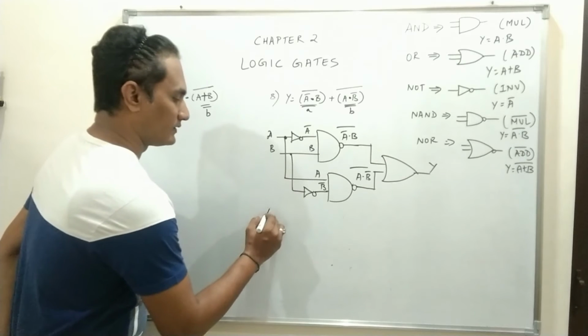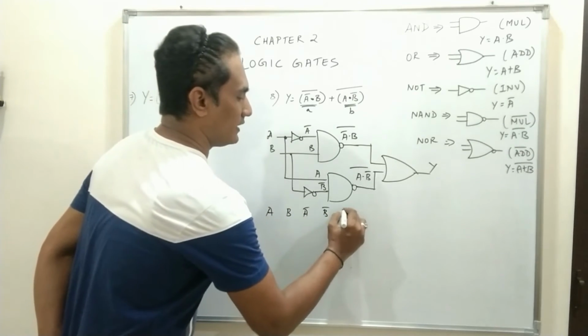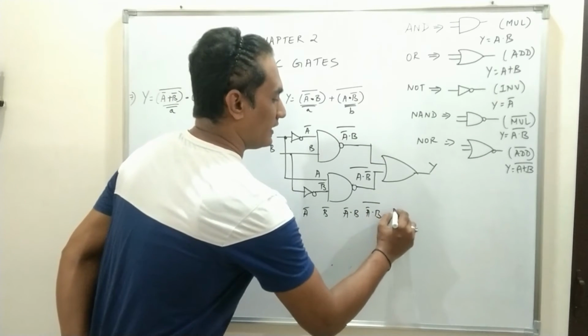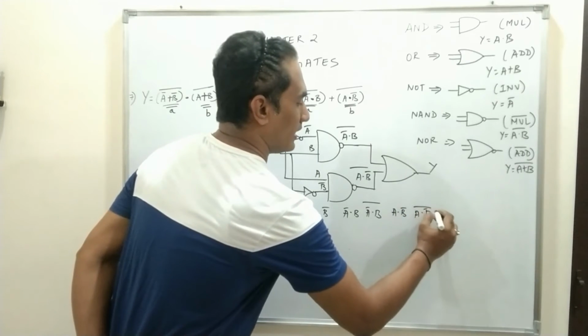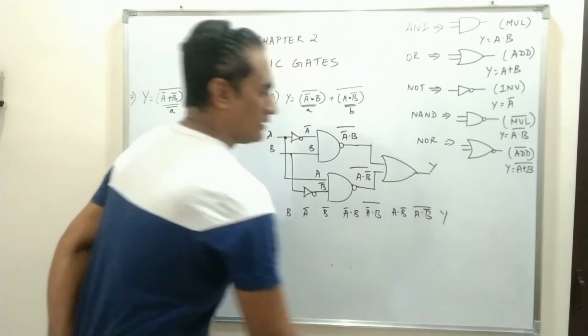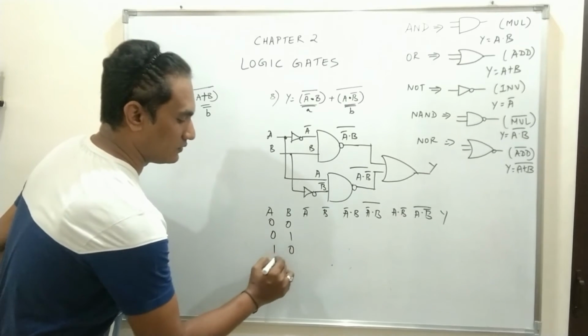Truth table: A, B, A bar, B bar, A bar dot B, (A bar dot B) whole bar, A dot B bar, (A dot B bar) whole bar, and output Y. So again 00, 01, 10, 11.